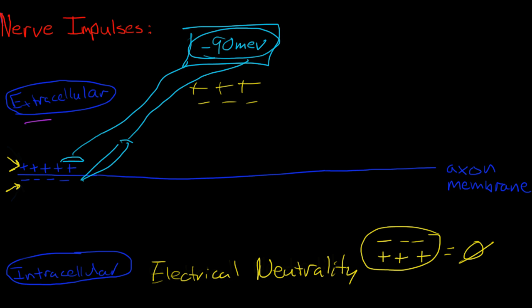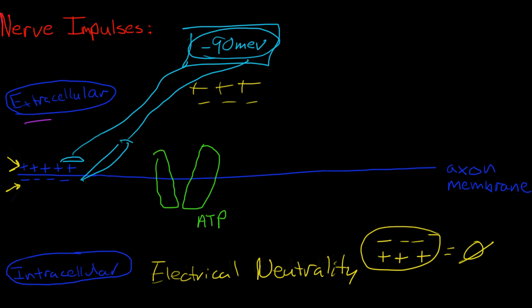Now, how does that difference occur? Well, it all sort of begins with the sodium-potassium pump that we talked about in the previous lecture. So here I'm going to draw a picture of the sodium-potassium pump. And remember, this is the sodium-potassium ATPase pump because it requires the input of energy to work, because it is pumping ions against their concentration gradients.